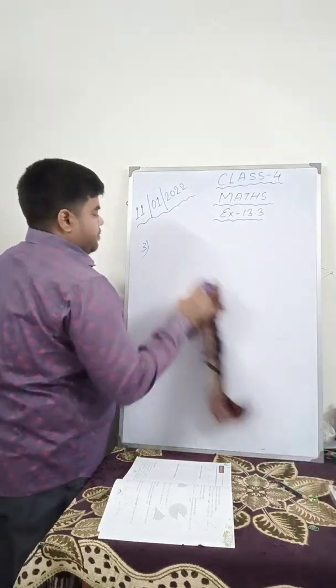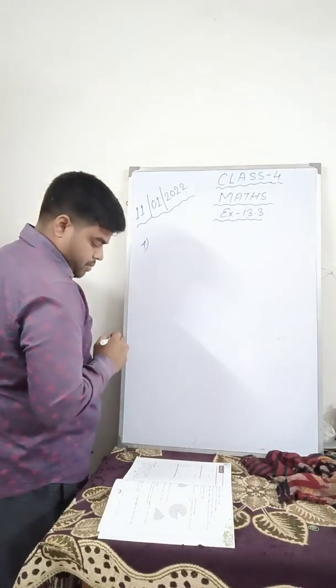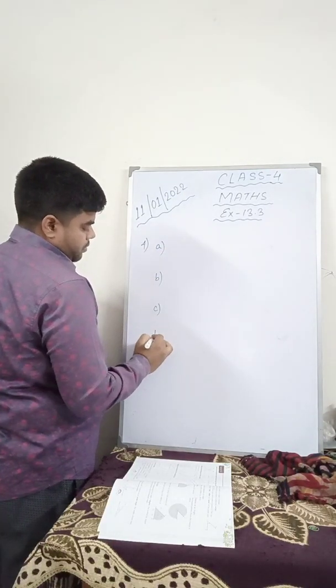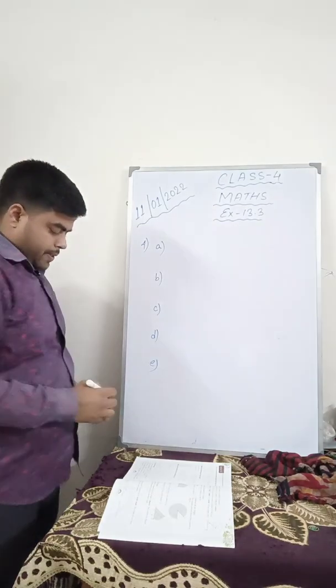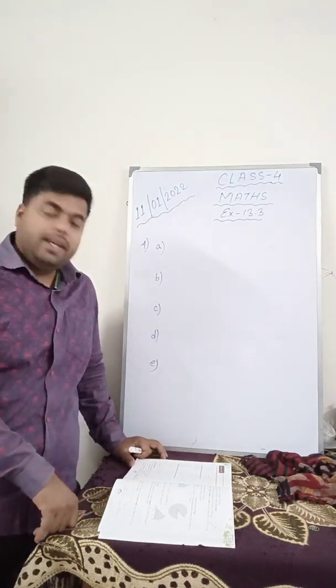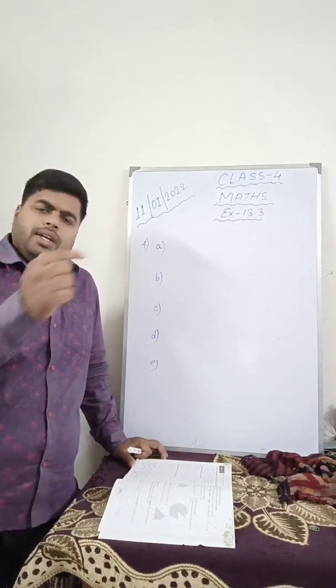Now, number 4. Fill in the blanks. A line can be extended in dash direction. So any line can be extended in any direction.